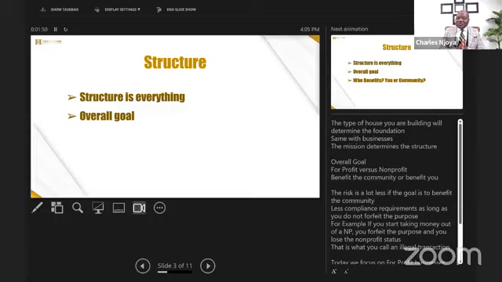The nonprofit structure is a design from the IRS. You have something that you're giving to the community, and then the IRS gives you certain things that you can take advantage of. So again, when your overall goal is to provide value to the community, there are fewer compliance requirements as long as you do not forfeit the purpose.